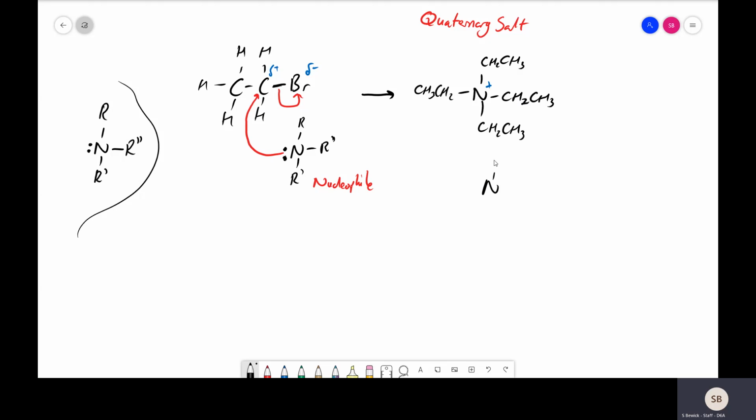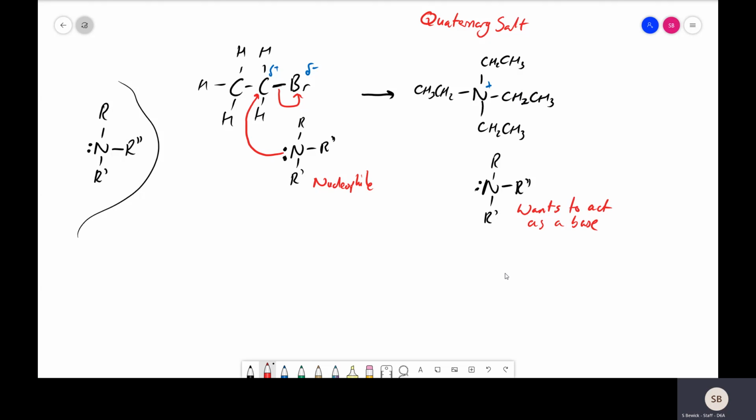Now we have the tertiary amine, which has its lone pair. It wants to act as a base. However, what does a base want? It wants to accept a hydrogen. It can't touch the hydrogen bonded to the carbons. They're nice and safe with the carbons.